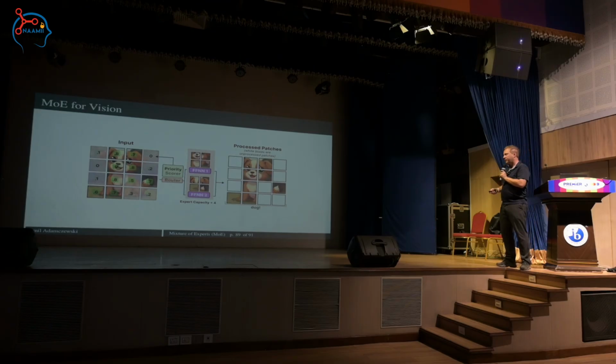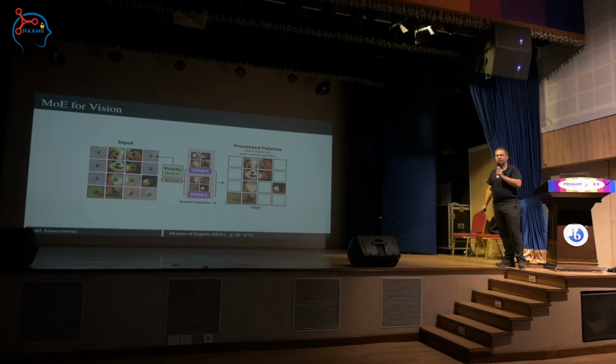In practice, it is often the case that tokens are dropped. So for vision, certain priority scores are used so that the more important patches are processed first, and then if only the ones on the right are processed, we are still able to say that this is a dog, because these patches were processed.